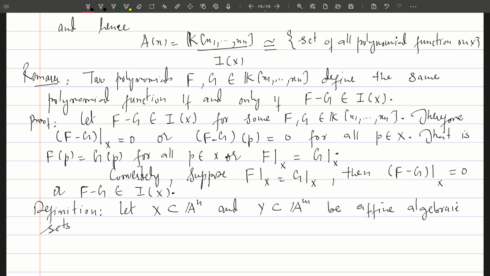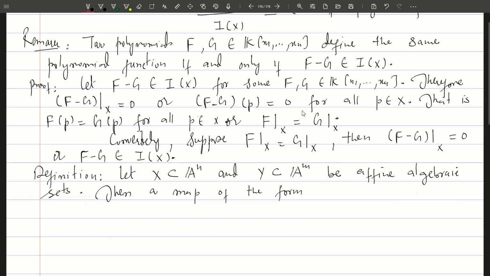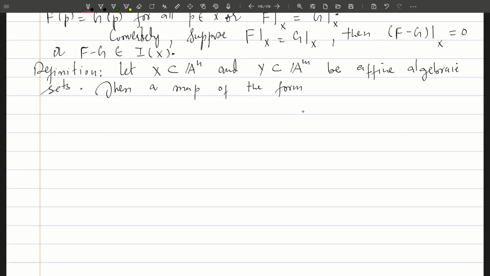Then we have a map of the form (f1 through fm) from the set X to Y, defined as follows.